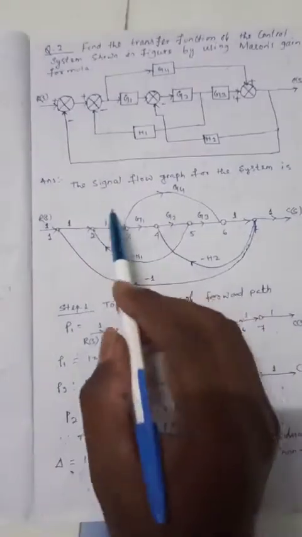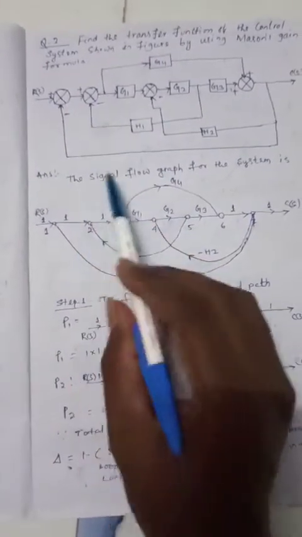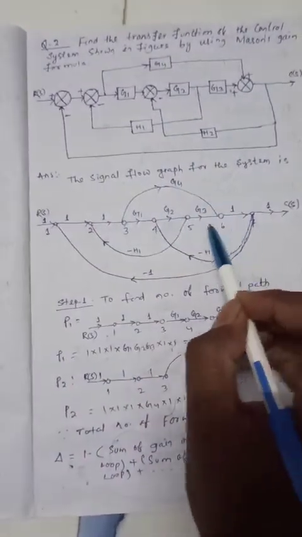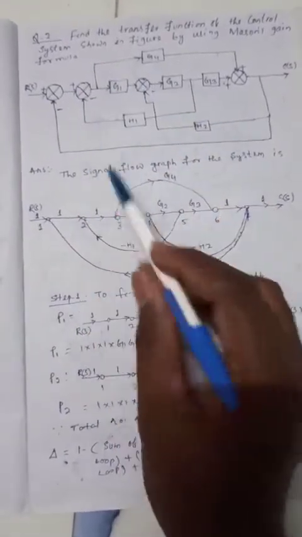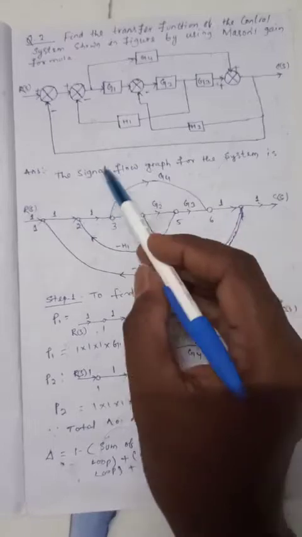Then construct the loop gains and convert this block diagram into the SFG in this manner.